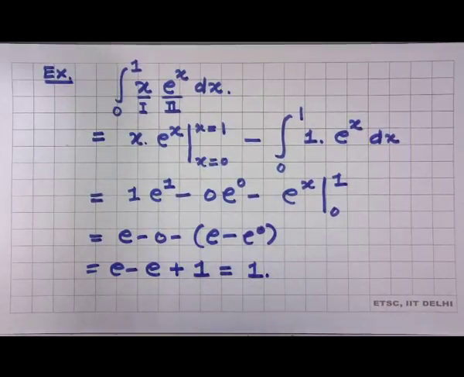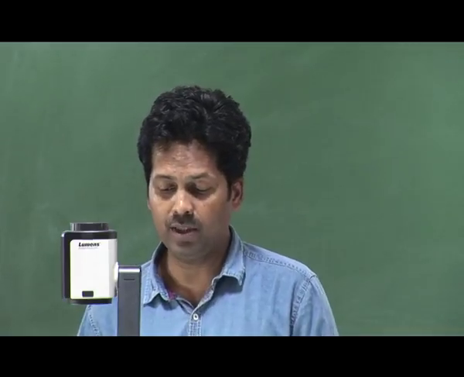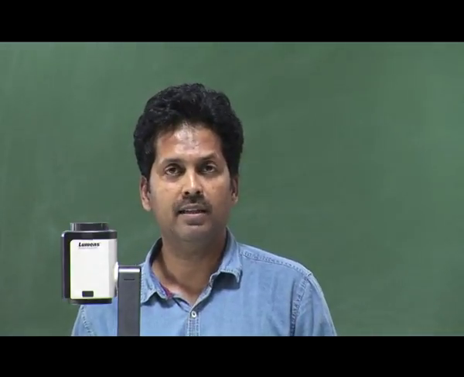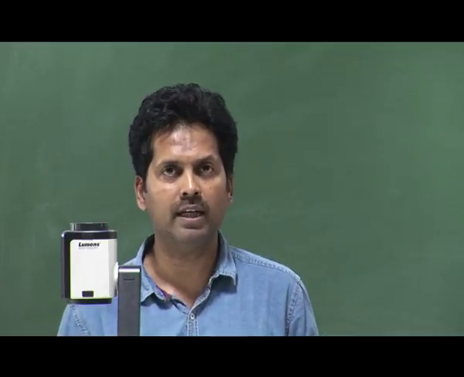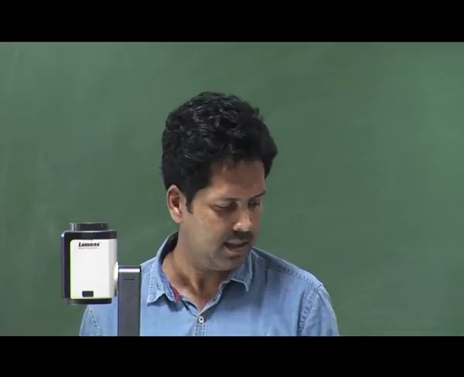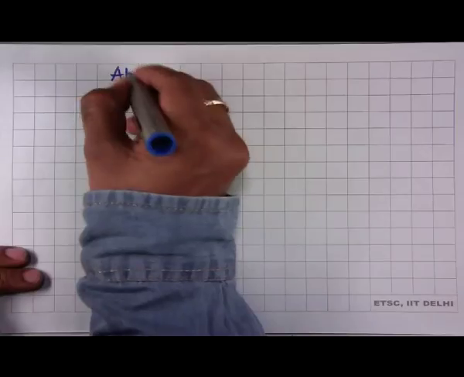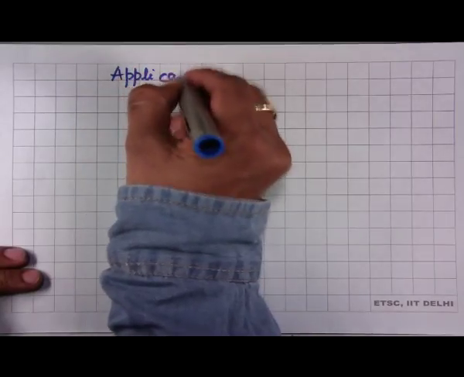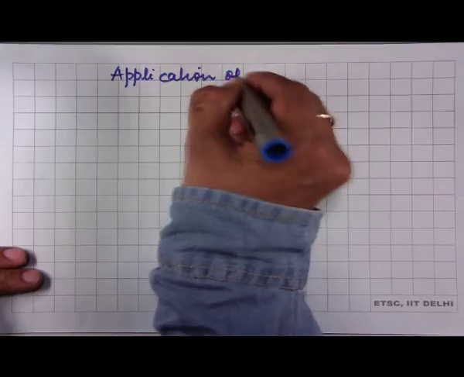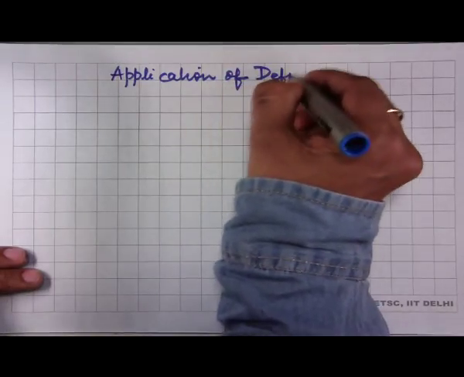So this is not the end, we shall take up later more complicated problems, miscellaneous exercises we will be doing where we will be using again all these properties and solve a lot of complicated definite integrals. For the time being, let us start application of definite integrals.